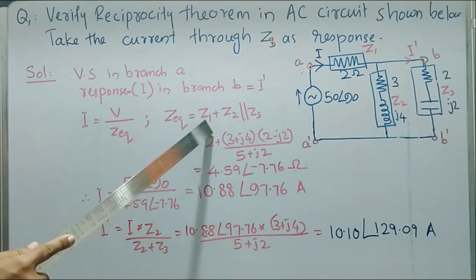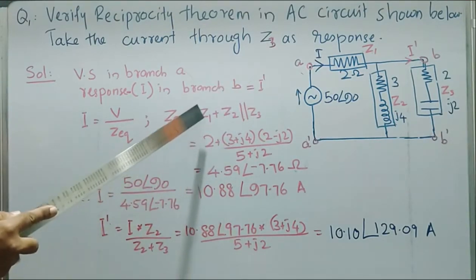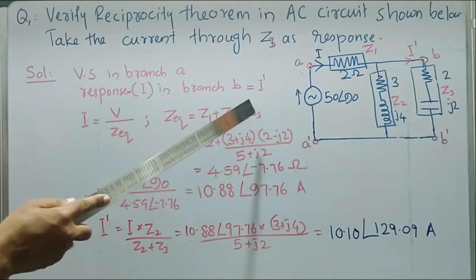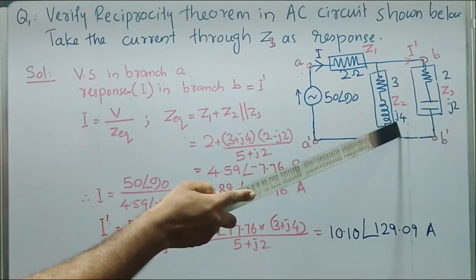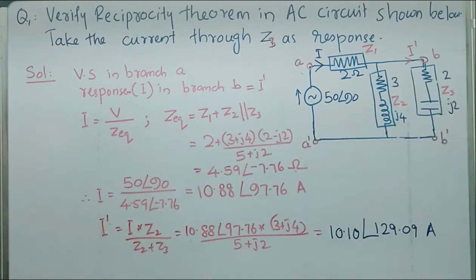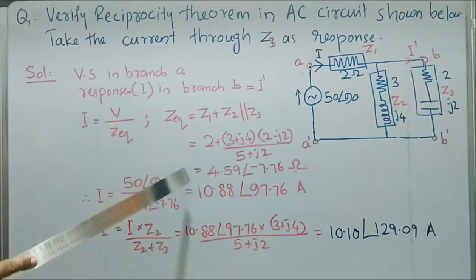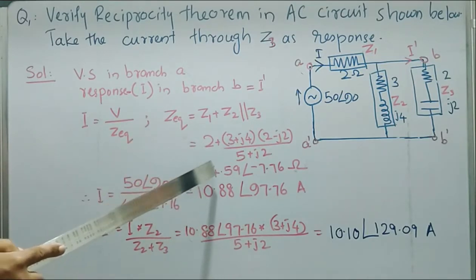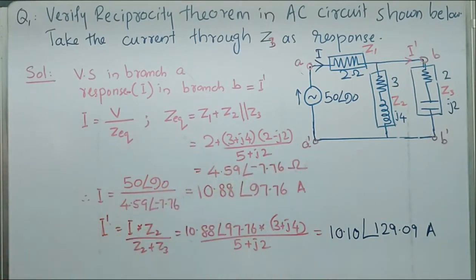That is Z1 plus Z2 parallel with Z3. Substituting the value of Z1, Z2 and Z3 as 2 ohm, 3 plus j4 ohm and 2 minus j2 ohm respectively in this equation, we can obtain Z equivalent as 4.59 angle minus 7.76 ohm.